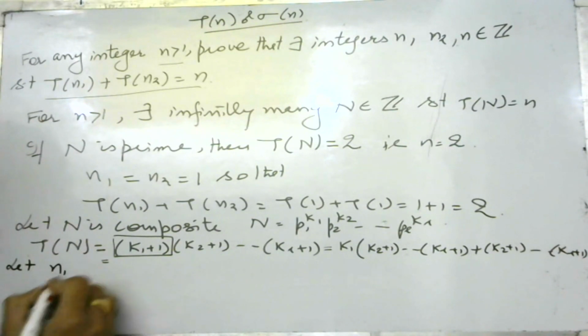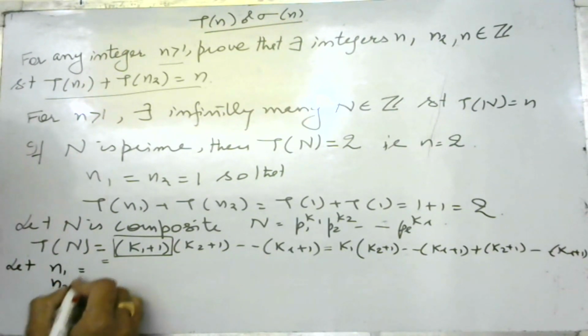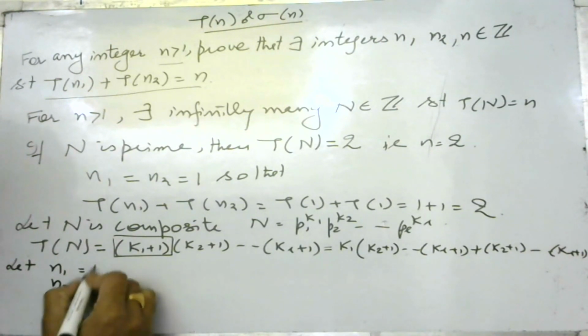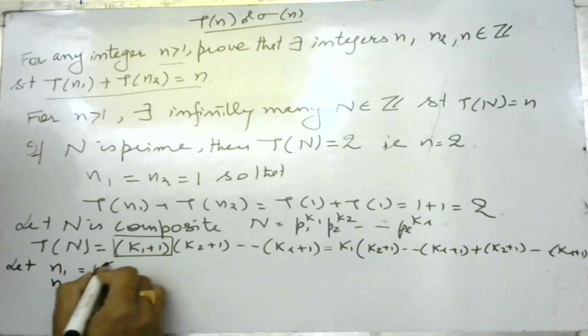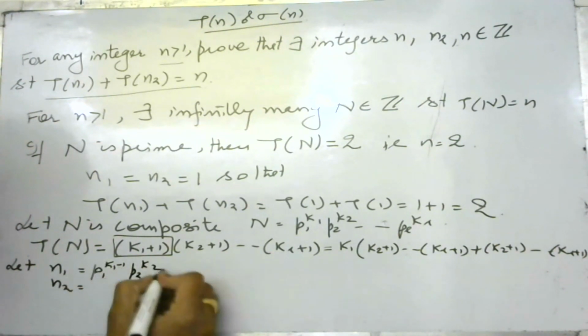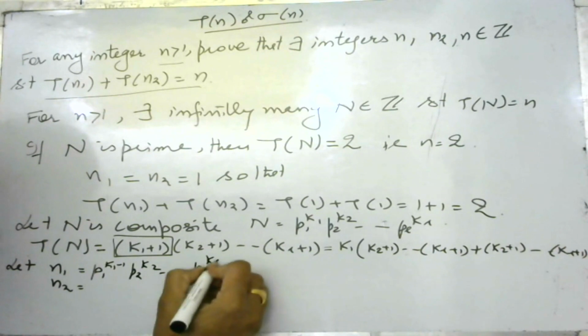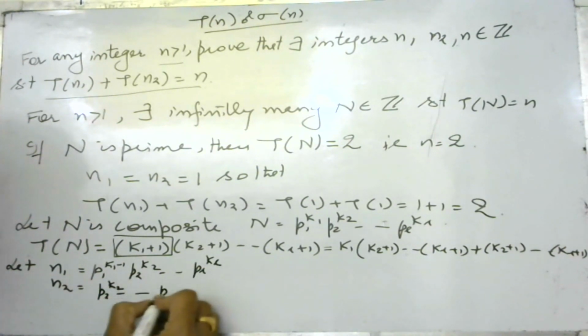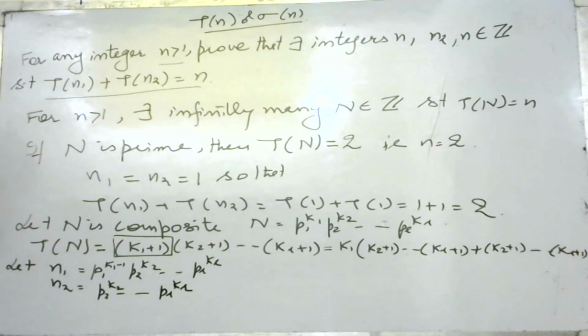Now let us choose n1 and n2. We choose n1 of the form p1 power k1 minus 1, p2 power k2, ... pr power kr, and n2 is equal to p2 power k2 up to pr power kr.